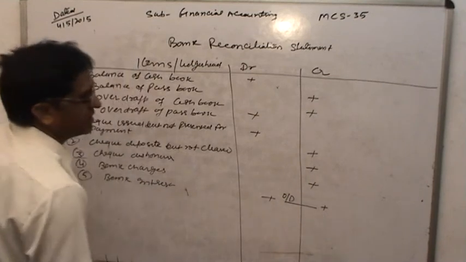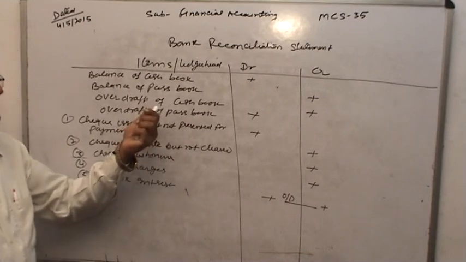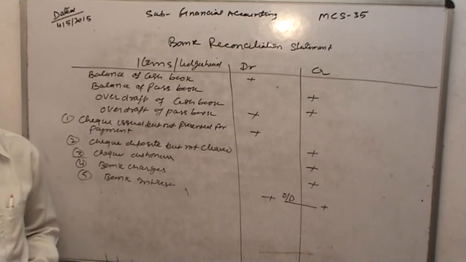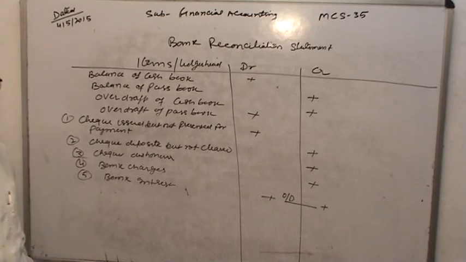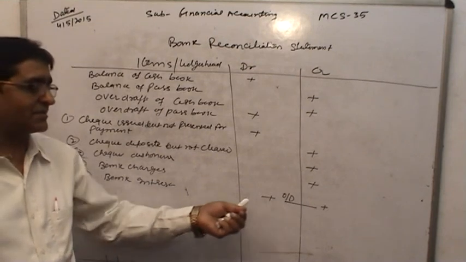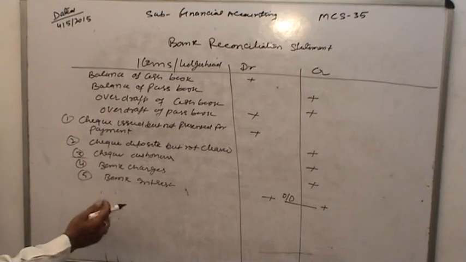Whenever you have prepared the BRS on the basis of an overdraft, either overdraft of cash book or overdraft of passbook, then you put the interest on overdraft on the credit side, and the rest of the entries remain the same.